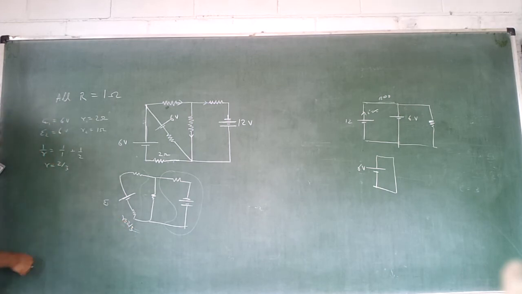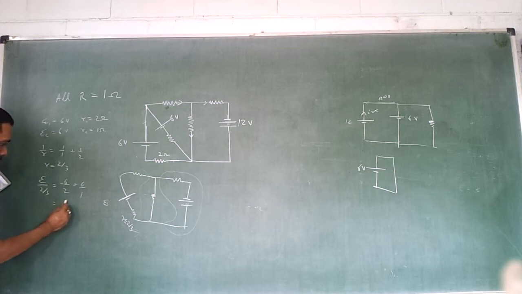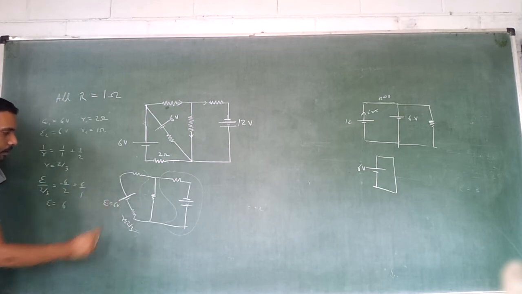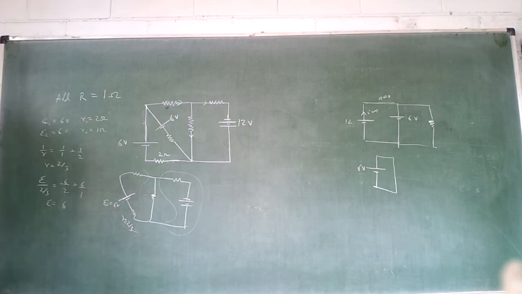Okay. E is how much? E is 6 by 2 plus 6 by 1. Right, so this is 3 plus 6, 9, hence E is equal to 6 volt over there.